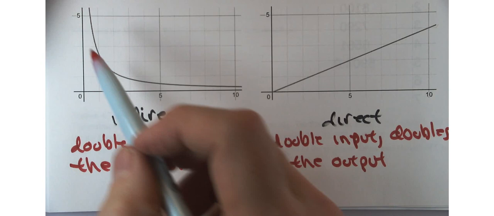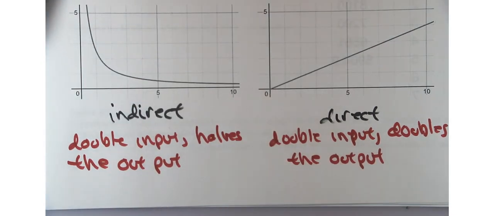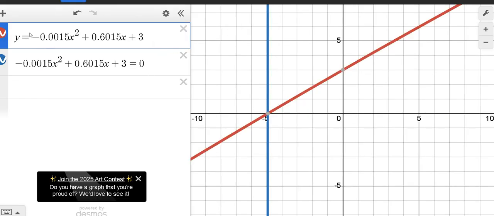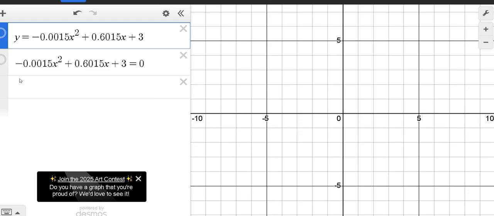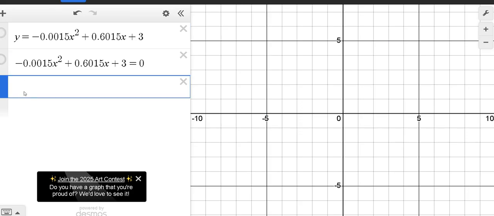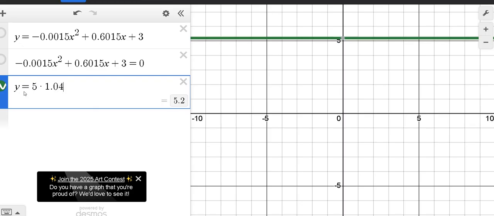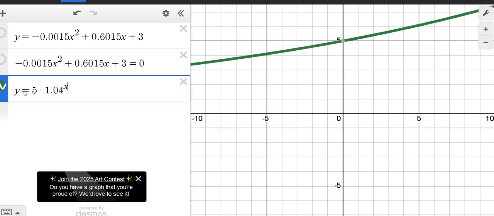But exponential decay is one of those things that we did see. It's kind of the opposite of exponential growth. When we had our interest rates, maybe we had 5 times 1.04 raised to the x power.